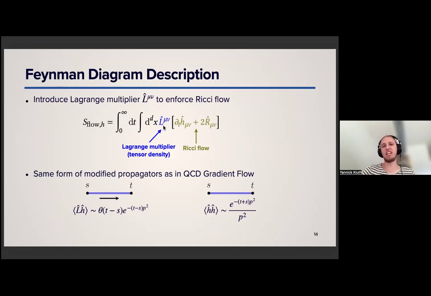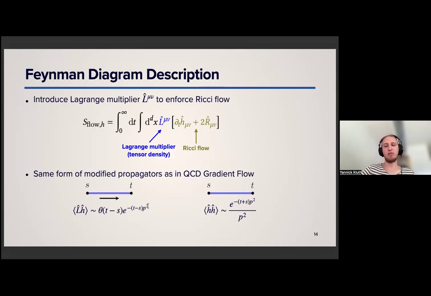And in particular, we get from the fact that we have some part that's quadratic in L and H here, a flow line which connects this Lagrange field L to the graviton H. And the structure looks very similar, at least the important structure, namely that we have some sort of Heaviside function here that dictates that this flow time t must be larger than the flow time s.